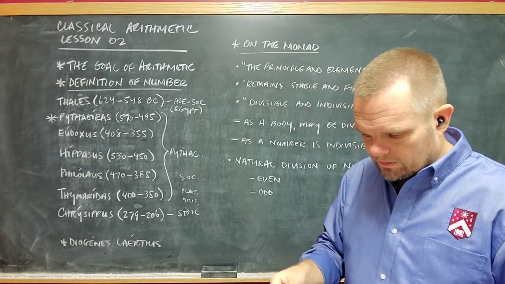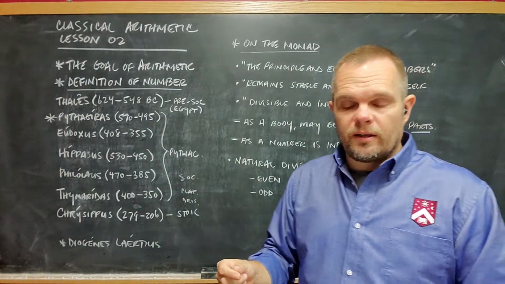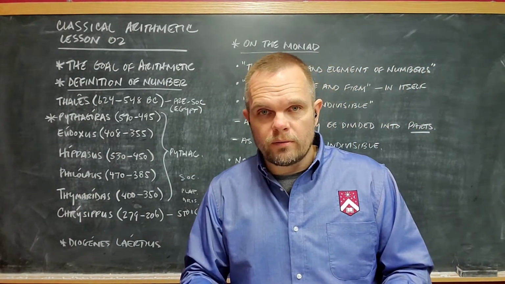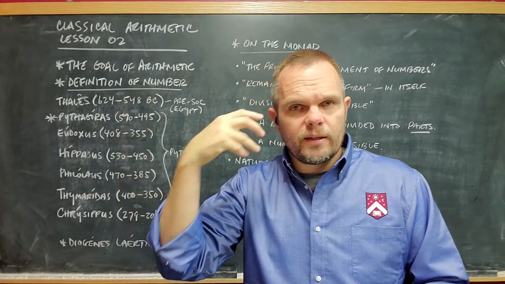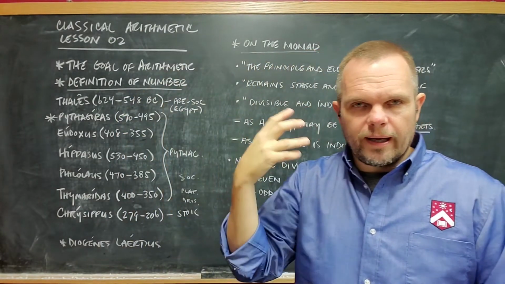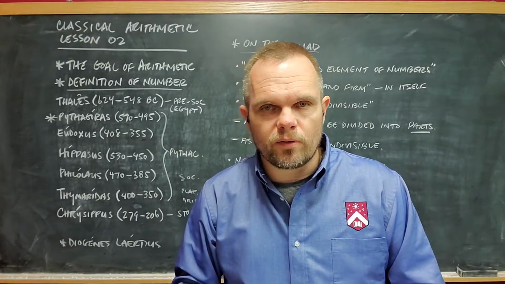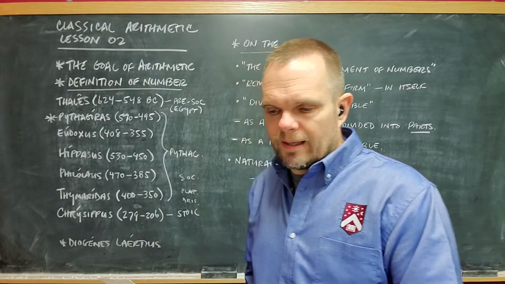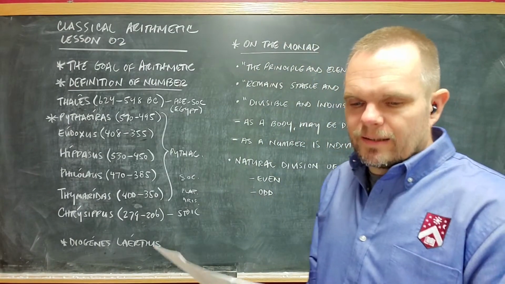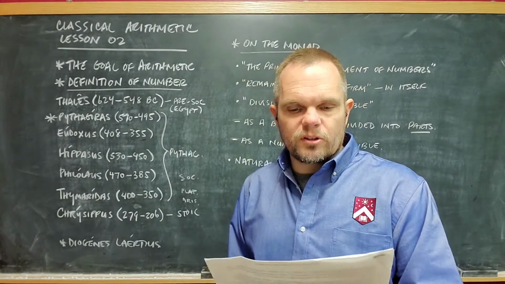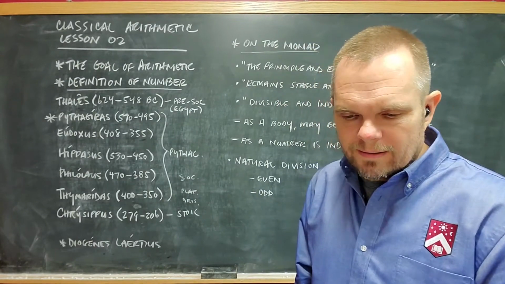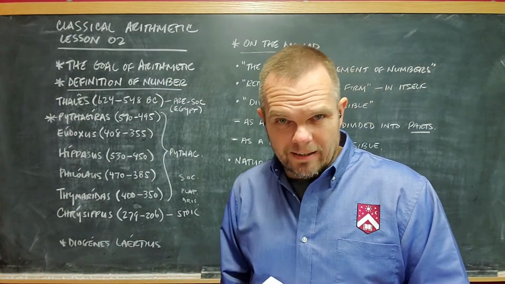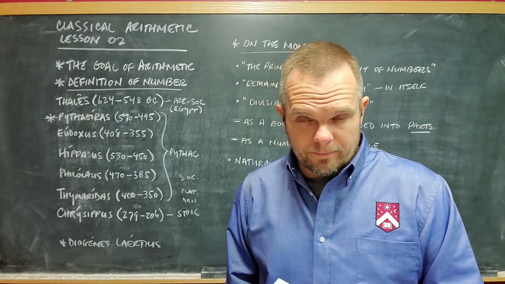But what our lesson says is Pythagoras defined number, and this is very profound, abstract philosophical thought. Pythagoras defined number to be the extension and energy of the spermatic reasons contained in the monad.